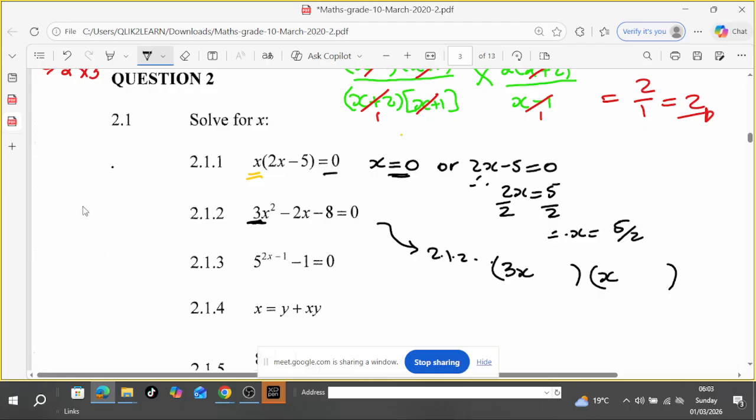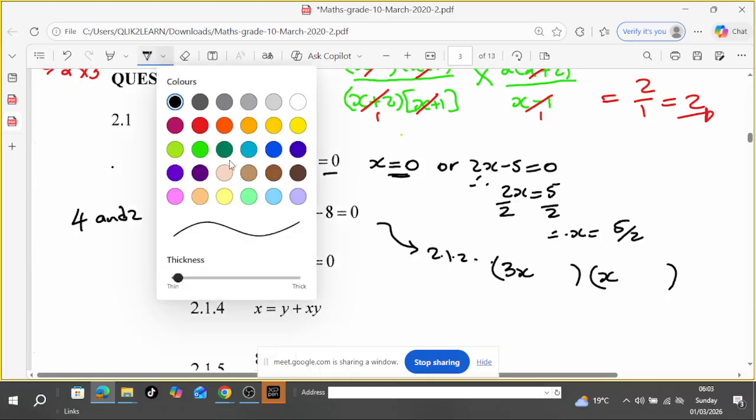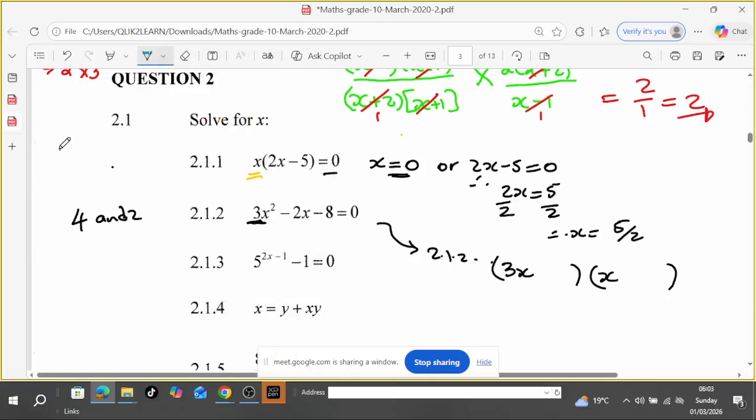I'll show you how to choose this now. It's 4 and 2. We need to decide where we are going to put the 4 and where we are going to put the 2. You start with the bigger number. You put it on the bracket that has only x, you put 4. What is 3 times 4? It gives us 12.